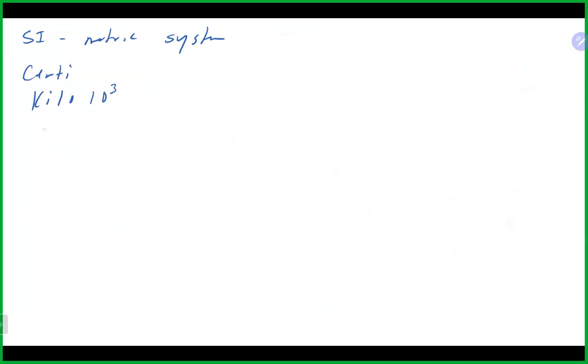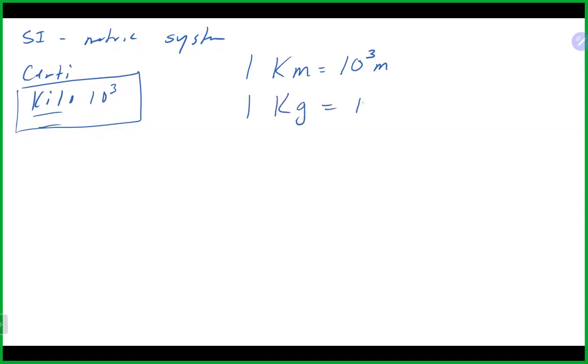When you see a prefix such as this, it means that in one of the prefix units, like 1 kilometer, there are 10 to the 3 of the base units. That is the proper way to use it. Also, if you change the base unit, it doesn't change the conversion.